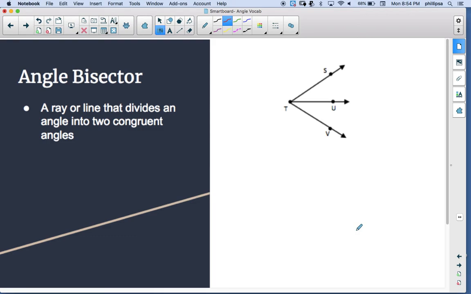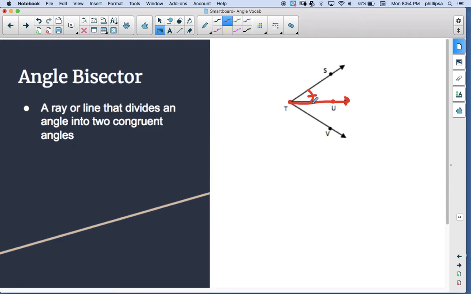Okay, another idea that shouldn't be too hard to understand is an angle bisector. So we already understand the idea of what a bisector would be. A bisector cuts something into two congruent parts. An angle bisector is going to split an angle into two congruent angles. An angle bisector is commonly a ray, but it can also be a line. So as it shows right now, I am not totally sure if ray UT is an angle bisector.